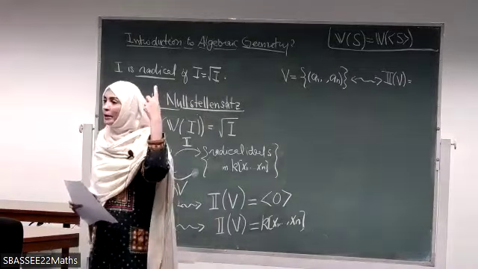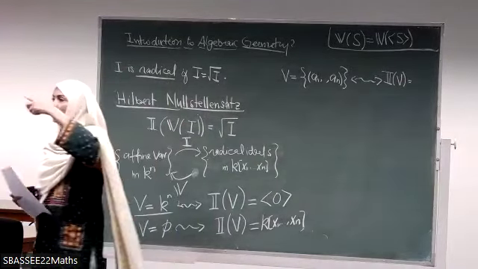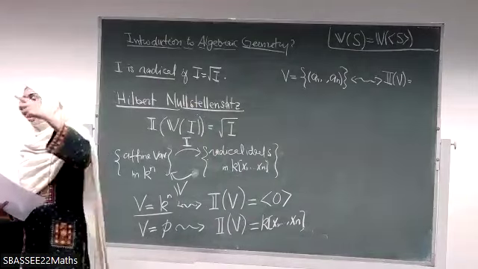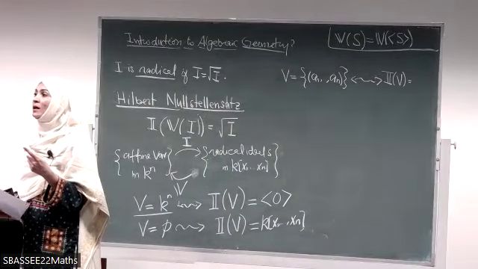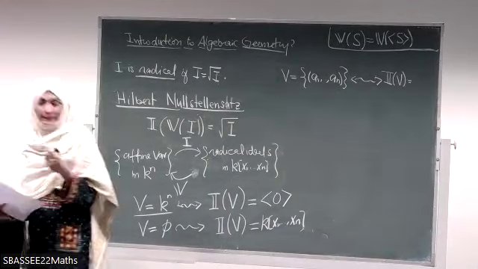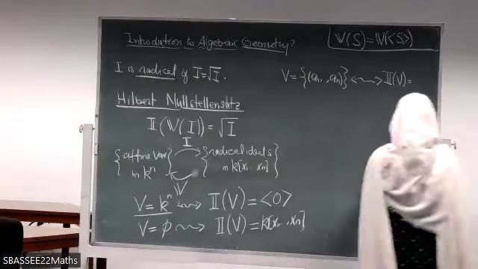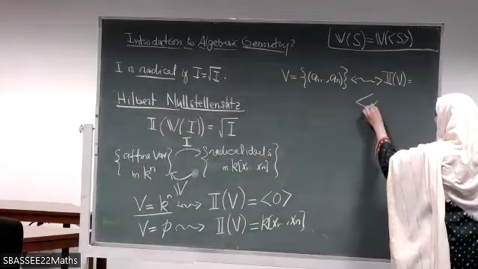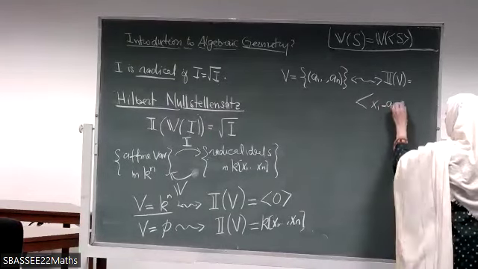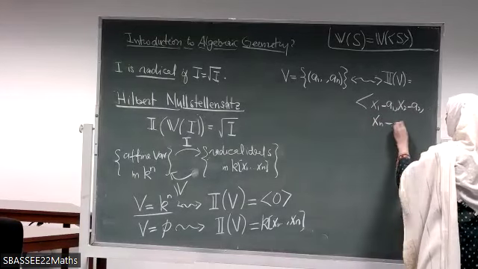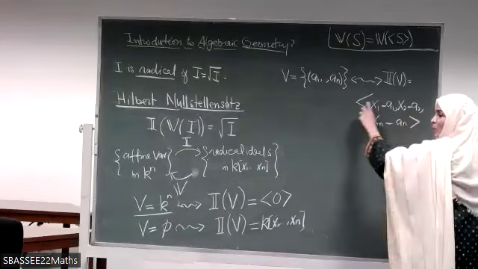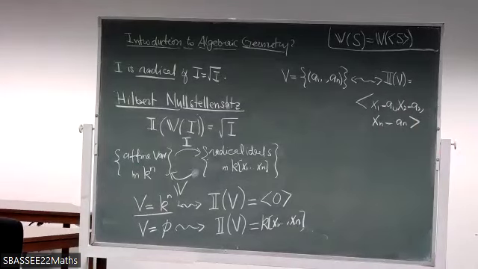If you have just a single point, the corresponding ideal will be the ideal generated by the polynomials of the form x_i minus a_i. Yes, that's true. So this is equal to the ideal generated by x1 minus a1, x2 minus a2, and so on, xn minus an. And you remember what kind of ideal this is? Maximal ideal. It's always a maximal ideal.